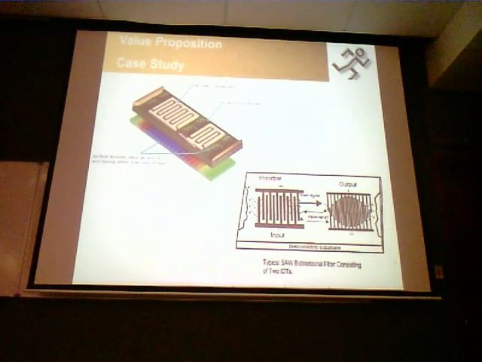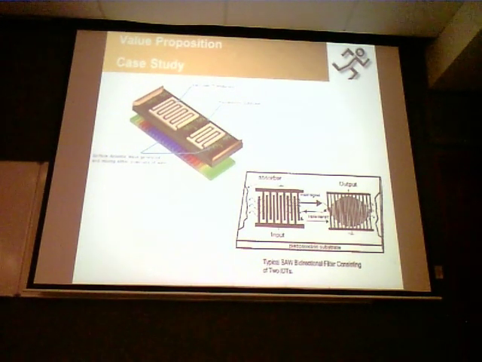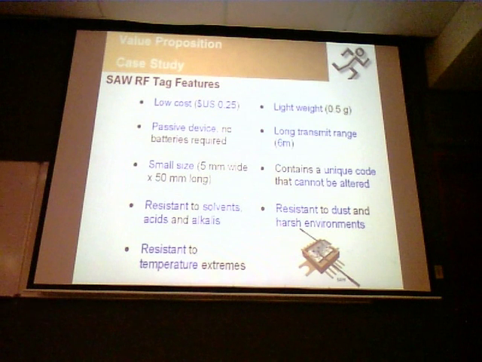You don't need a power source. The actual power source for it is the sound wave itself. Once you've etched a pattern on the chip, you can't alter it, so it's almost like reading a barcode. The chip itself was small. It cost about 25 cents to make, and weighed half a gram.